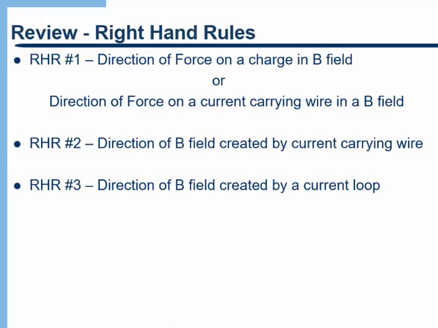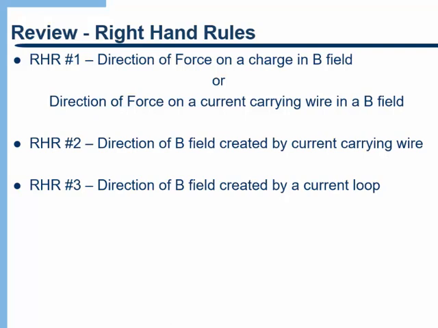Let's start out today's class with reviewing the three right-hand rules. So the first right-hand rule that we covered allows you to find the direction of the force on a charge in a magnetic field or the direction of the force on a current-carrying wire in a magnetic field. So that's right-hand rule number one.